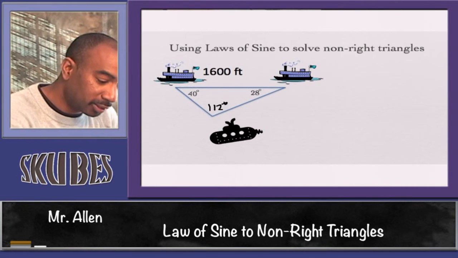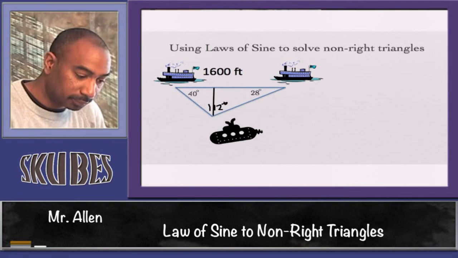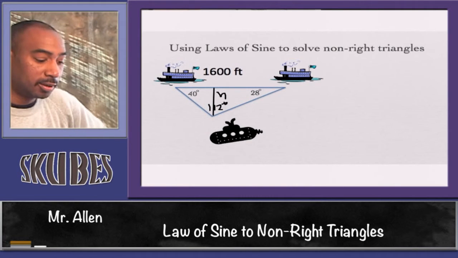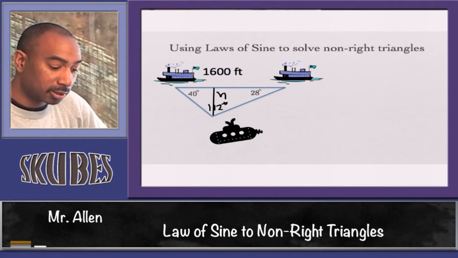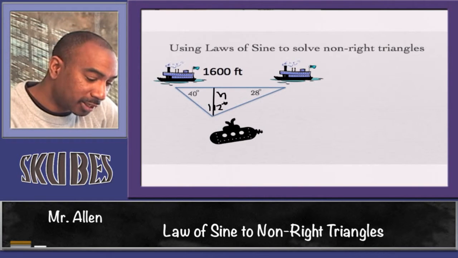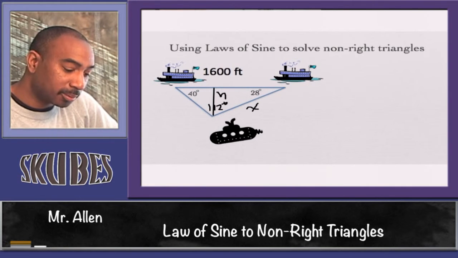So what we need is the height. It's the height from that submarine to the surface of the water. But we need to know what this exact length is, let's say from the second ship to the submarine.